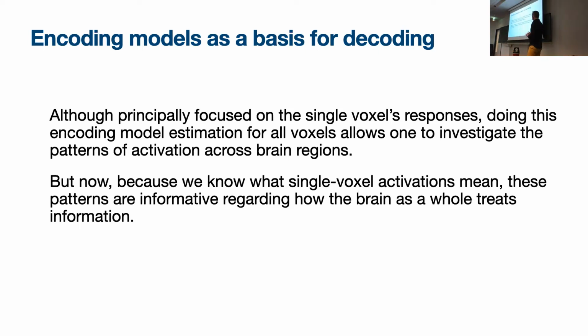So what this gives us also is these beautiful maps of how the brain encodes information. And that's something that really is starting to be the state of the art. People are doing this more and more, trying to understand these patterns as instantiations of how the brain encodes information.